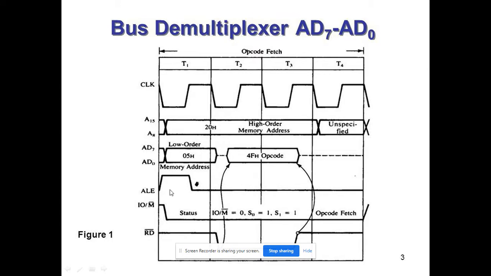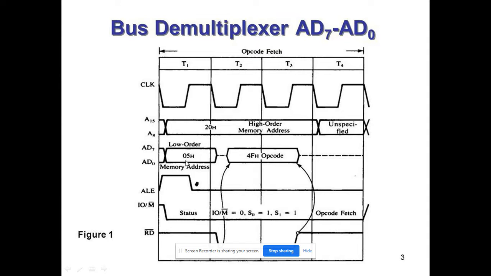So how are the data and address differentiated? It is differentiated by a signal called ALE, the address latch enable. When this signal is enabled, the address is carried on the address data bus.